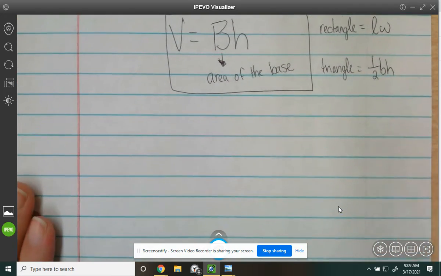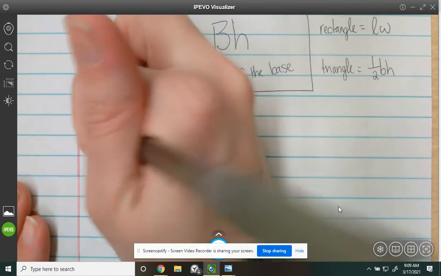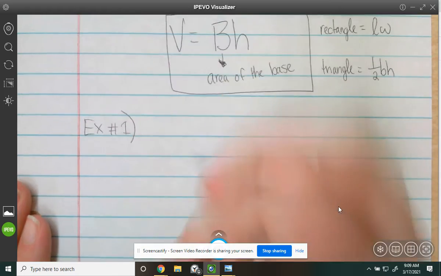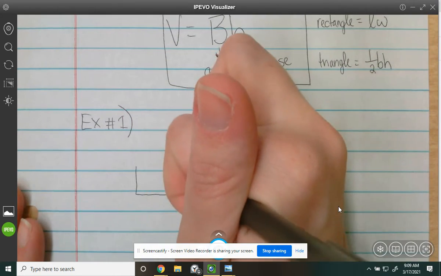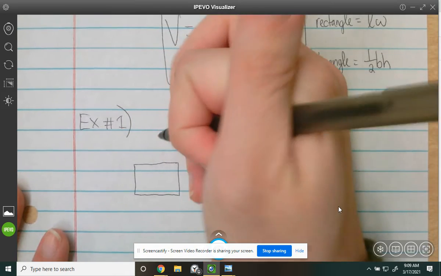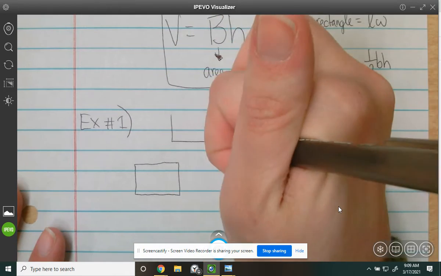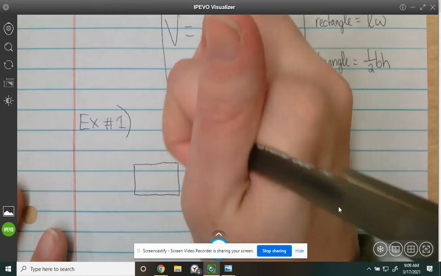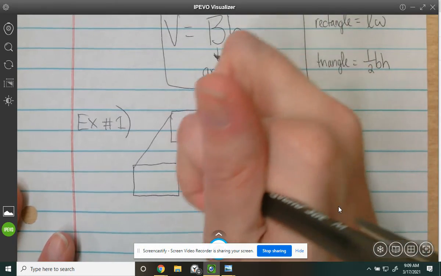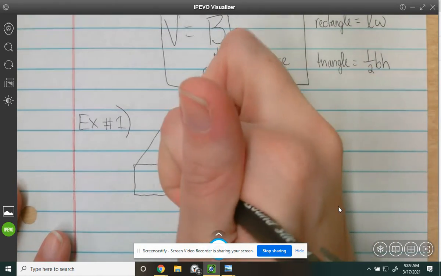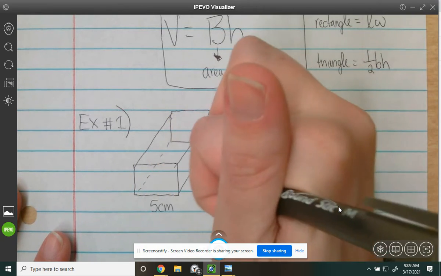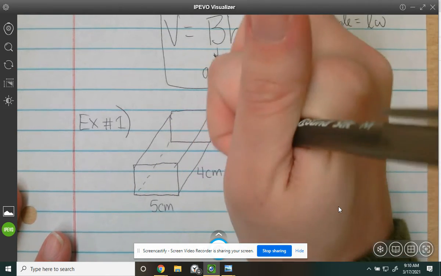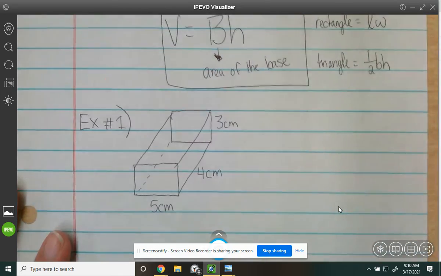So here we go. The hardest part about this is drawing your prisms. So we're going to draw the prisms here. So we got 5 centimeters, 4 centimeters, and 3 centimeters.